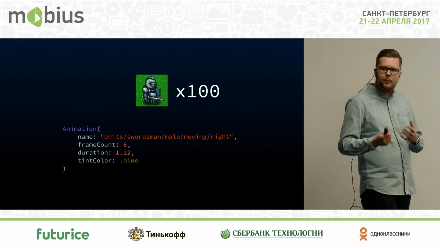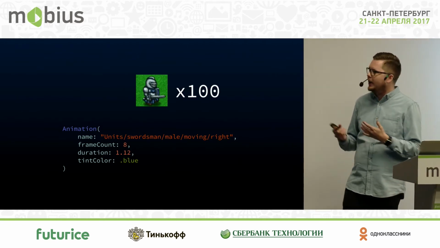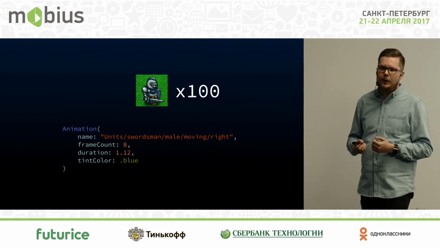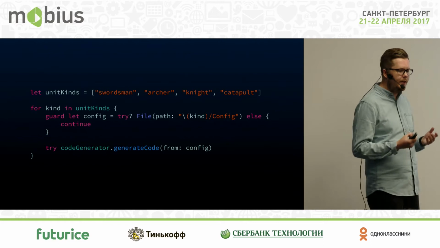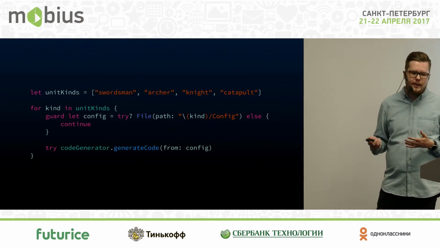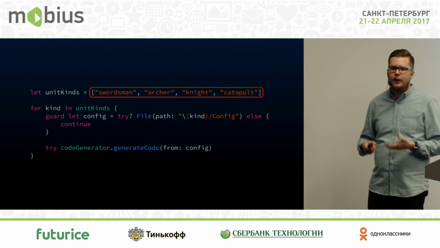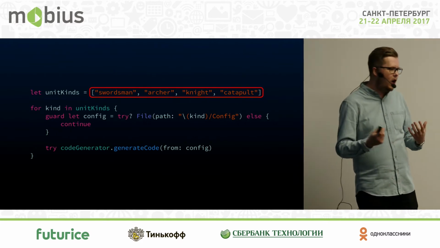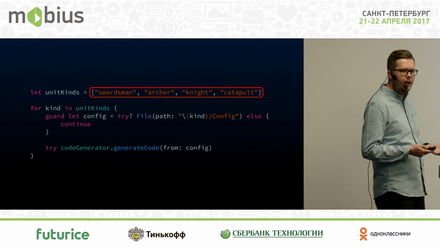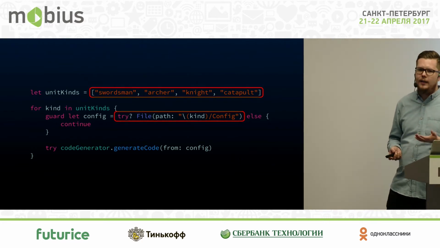So again, this is where I jumped into scripting to write a script that actually would generate these animation configurations automatically. So I wrote the script, which is very simple actually. What it does is that it just loops through all the different units that we have in the game, like the swordsman and the knight and the archer. And then for each one, we access a config file that is on the disk.